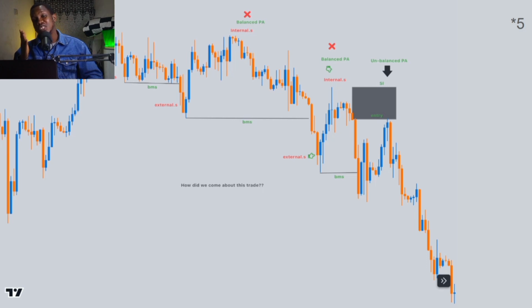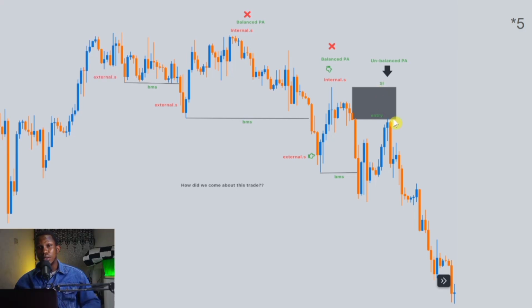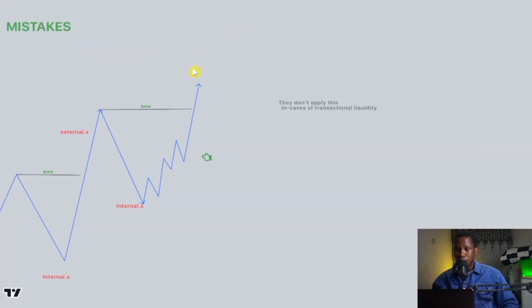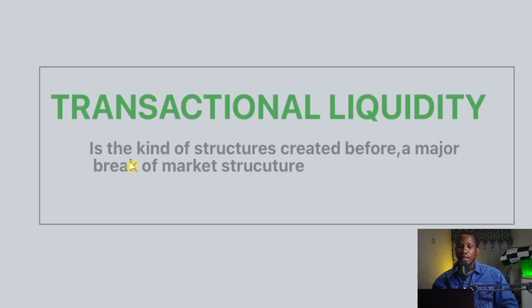You know, Jim Rohn said that unsuccessful people are unwilling to do what successful people are willing to do. Another mistake I see unsuccessful traders make is that they don't apply this in the case of transactional liquidities. What I mean by transactional liquidity is the kind of structures created before a major break of market structure.